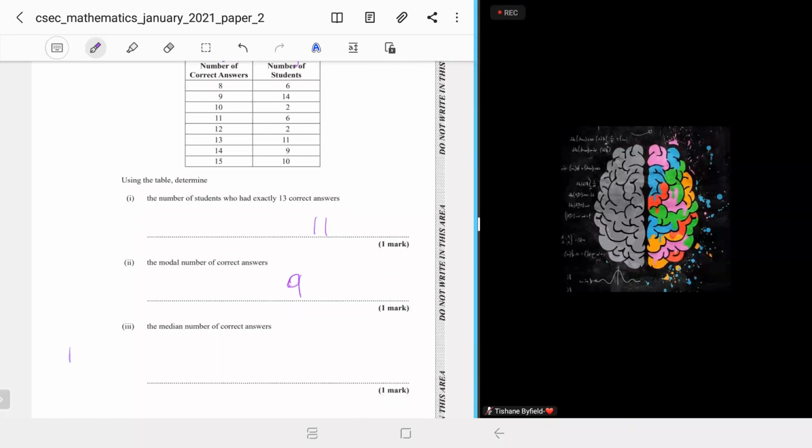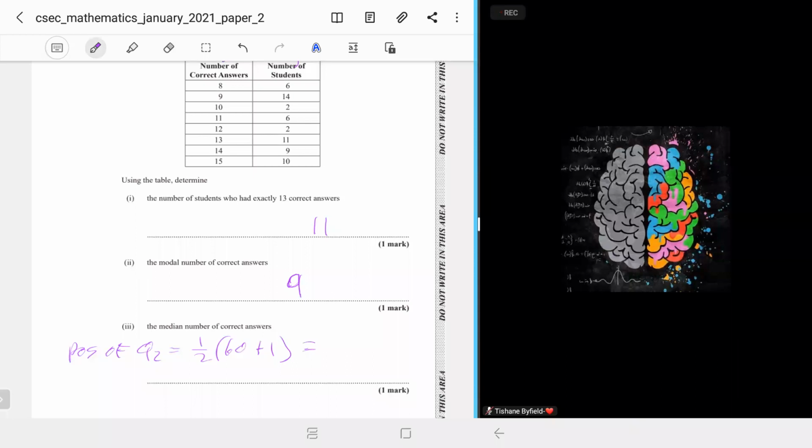So the position of Q2 is half of the n plus 1, half of 60 plus 1. That's where it is located. What does it work out to?